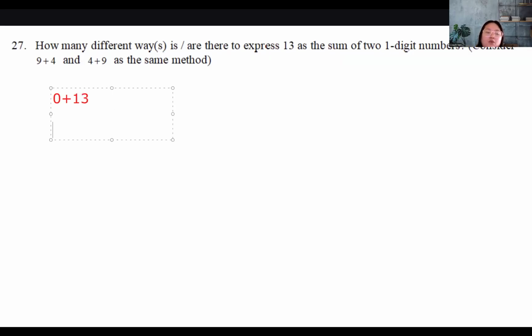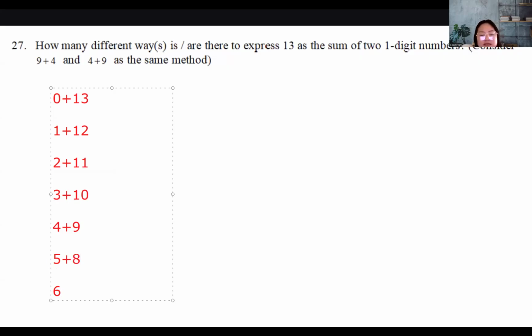Counting up, 1 plus 12, 2 plus 11, 3 plus 10, 4 plus 9, 5 plus 8, 6 plus 7, and then after that, you have 7 plus 6. So it's just a flip. So you just stop at 6 plus 7.